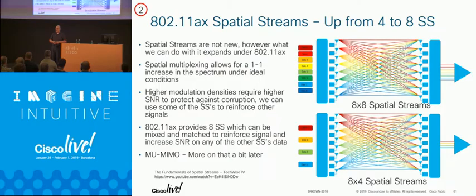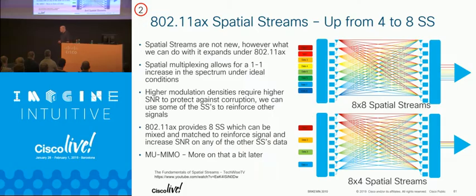The one good argument for that was multi-user MIMO. And we have problems on the client side with multi-user MIMO, so that's no good for 802.11ac. 802.11ax, seems they've worked out all those problems. We have a new radio, we have a new protocol, so 8 spatial streams is a reality.